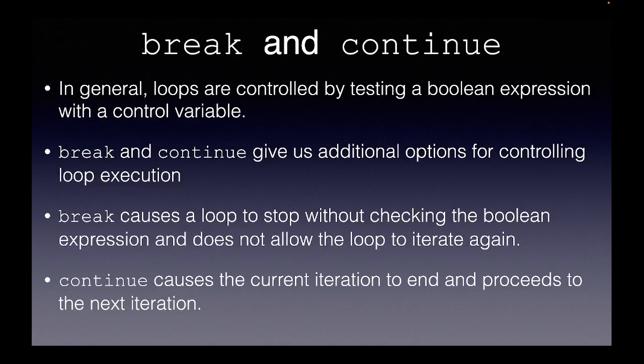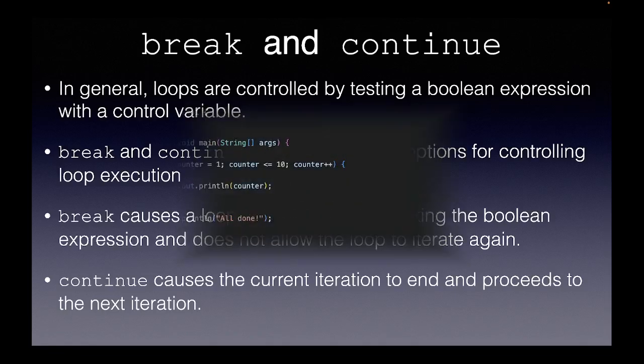And you do a check for halfway through, whatever algorithm you're writing, and then you can hit continue, and it won't run the rest of the code in the loop block, but it will jump back up and start again, and evaluate the expression just like normal. So let's see how that looks in code.